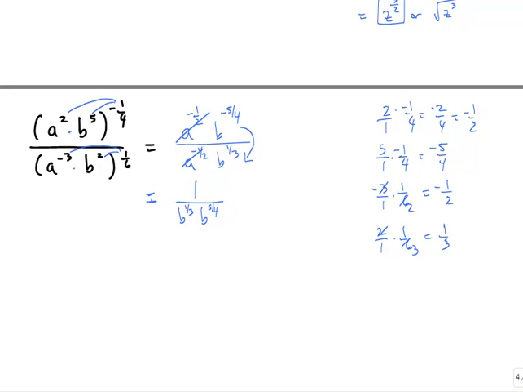Now, in order to combine these, we want to multiply the bases, so we're supposed to add the exponents. Because I want to add 1/3 plus 5/4, I can't do that unless I have common denominators, since these are fractions. So if I have a denominator of 3 and a denominator of 4, the common denominator should be 12. So let's change these fractions to denominators of 12.